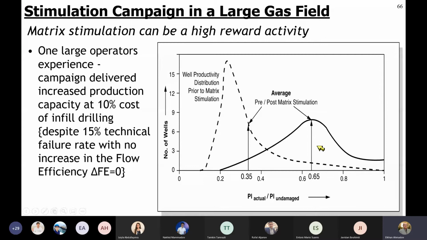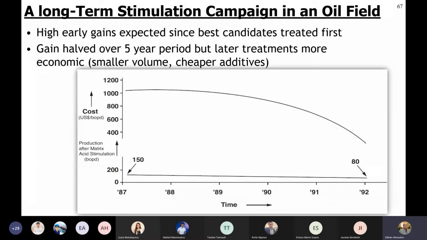This is the result of the long-term stimulation campaign in an oil field. High early gains expected since best candidates treated first. Gain halved over a 5-year period, but later treatments more economic, smaller volume, cheaper additives, etc. So this is increased production, and through the time it was decreased, but also the cost of the job was decreased.